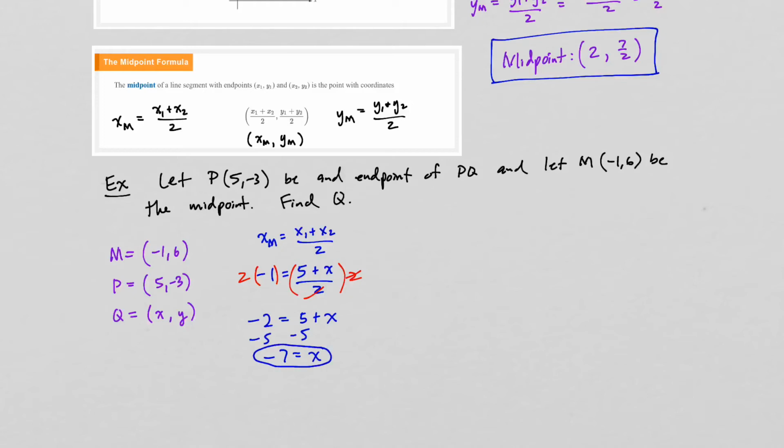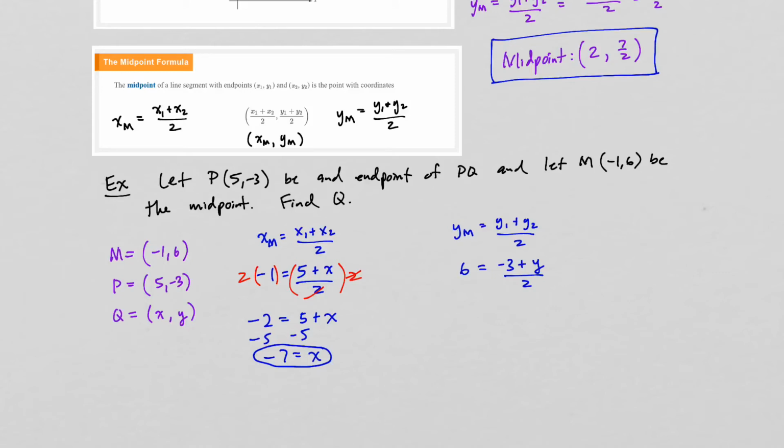To get the y-coordinate of Q, we do the same thing. So we know the y-coordinate is y1 plus y2 divided by 2. The y-coordinate of the midpoint is 6. The y-coordinate of point P is -3. The y-coordinate of point Q is unknown.